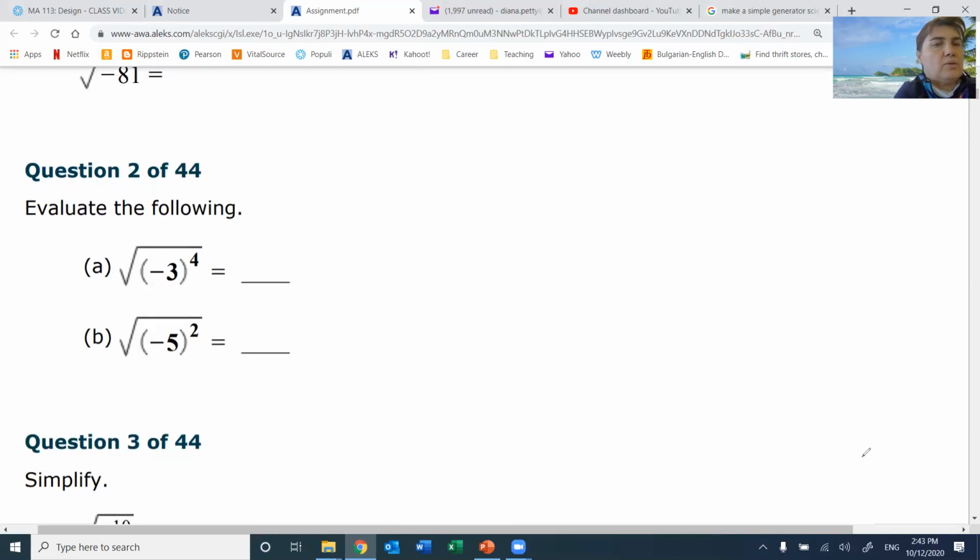It's because this has nothing to do with the imaginary number. It's just minus 3 to the 4th, and the minus disappears because of the 4, right? So it's going to be the square root of 3 to the 4th technically, which is just 2 groups of 3, so it comes out of 3 times 3 or 9.